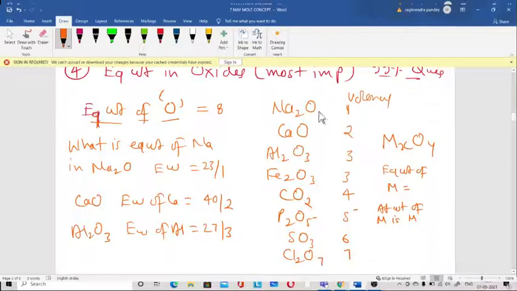Can you see the valency? For sodium it is 1, calcium 2, aluminium 3, and so forth. So what is the valency of this metal or element M? X is a number, Y is a number. So in terms of X and Y, what is the valency?